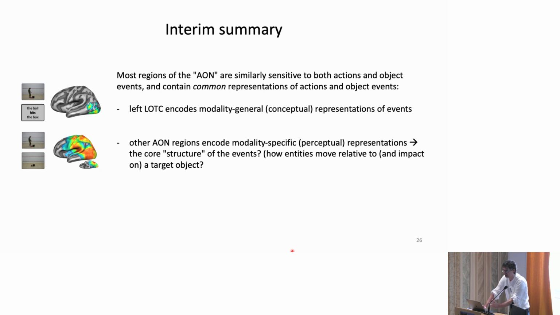Now, what exactly might these perceptual representations actually capture? I think one exciting interpretation is that they encode the core structure of the events. For example, how entities move relative to or impact on a target object.